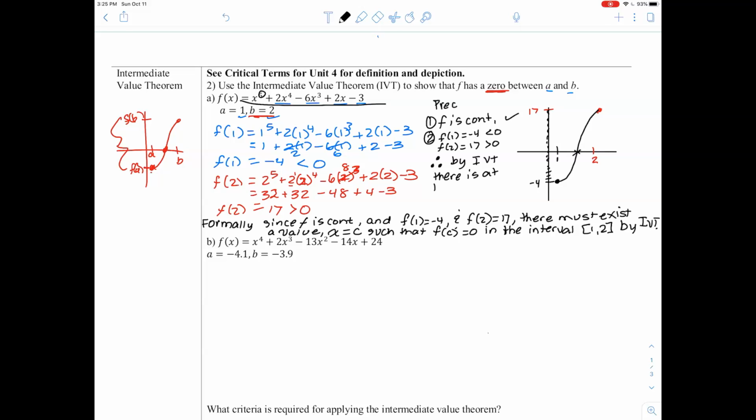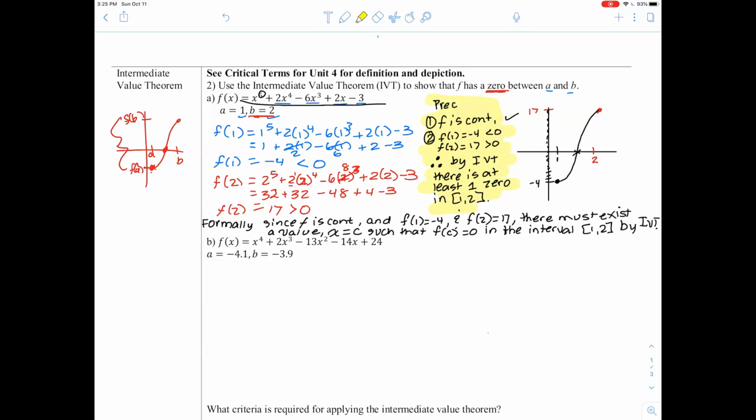I think I'm going to say at least 1 0 in the interval 1 to 2. So that's, I think, a little bit less convoluted and makes a little bit more sense.